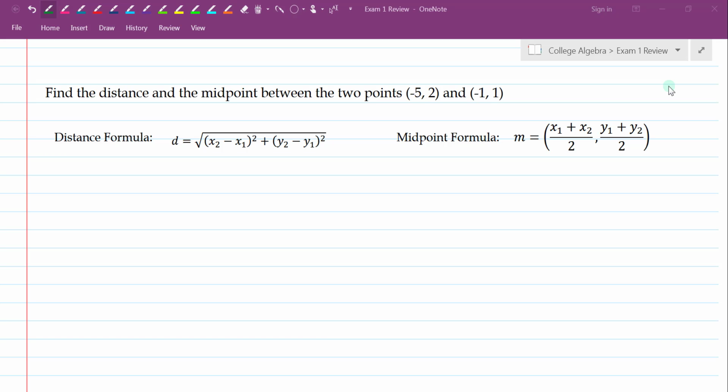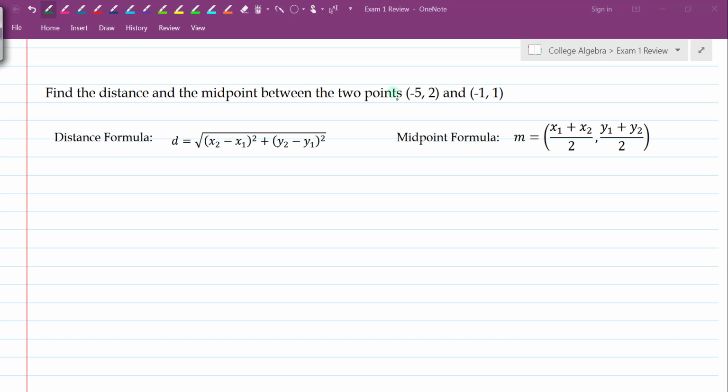It's important that when you solve problems like this that have a formula with 2 different points, that you let one be the first point and another one be the second point, and then that you're consistent. If you start mixing things around and you're not consistent, you're going to have errors. So the first thing we want to do is just decide which point is going to be point 1 and which one's going to be point 2.